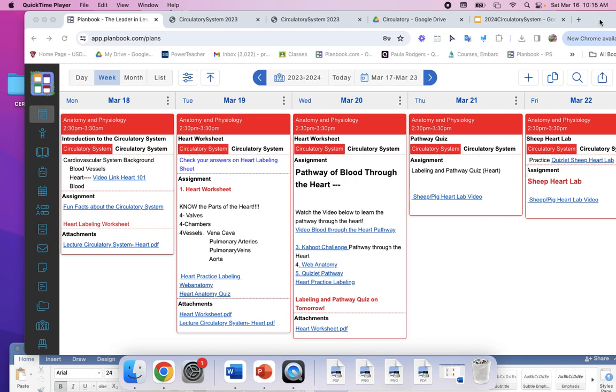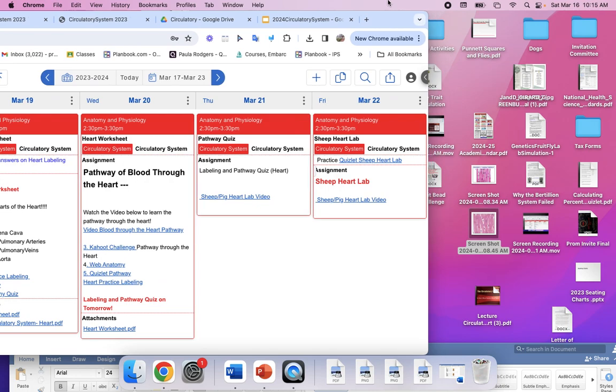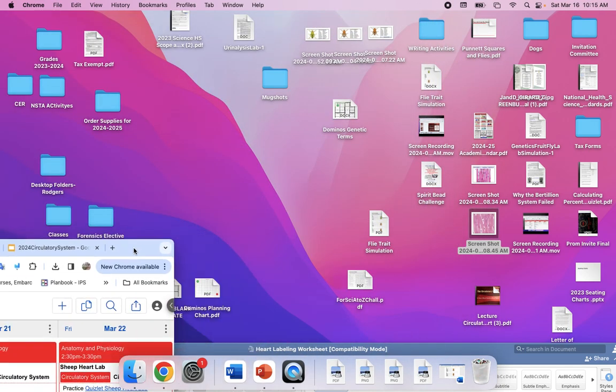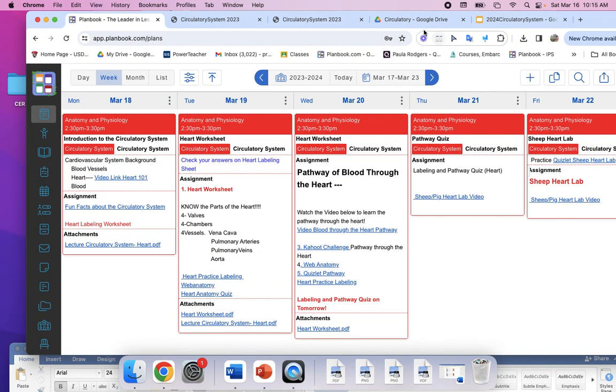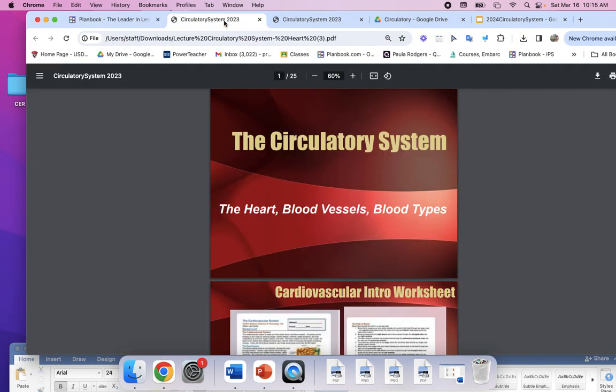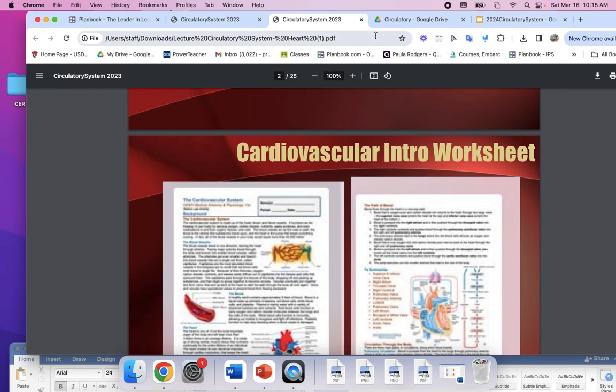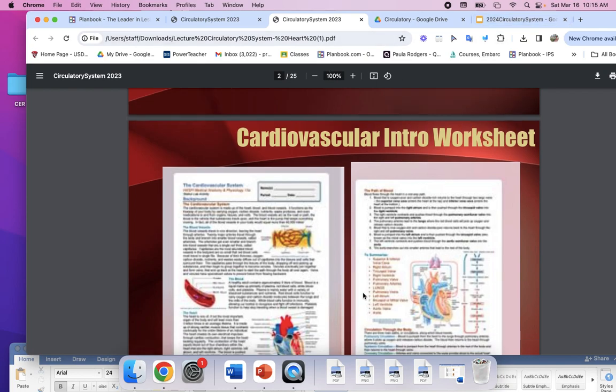Okay, hopefully you've had a chance to stop it and learn a little bit about the circulatory system through the fun facts. You should have a sheet that looks like, let's see. I'm still learning here. That looks like this.